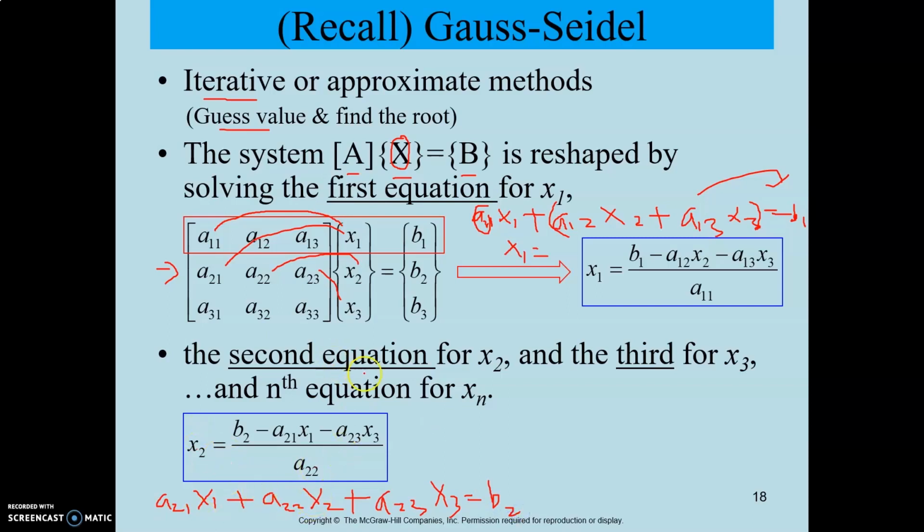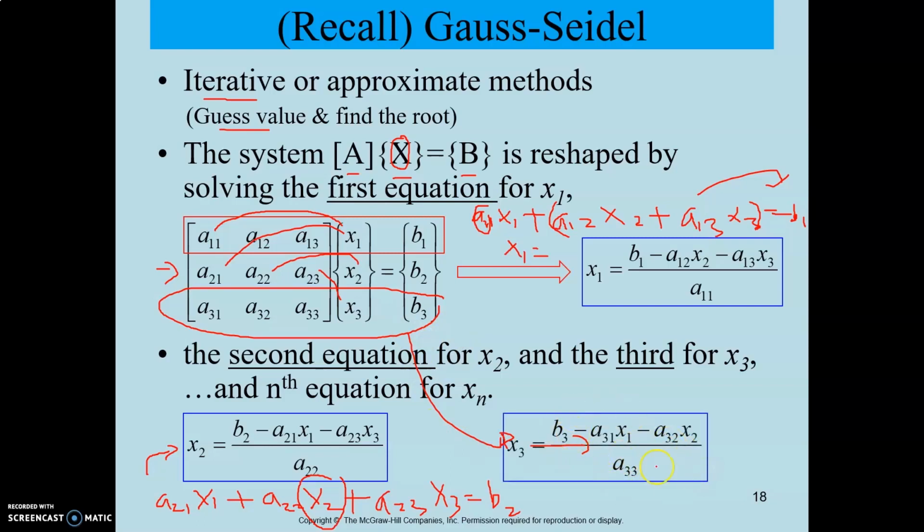So you want to find x2 from the second equation, rearrange it, you should be able to obtain it. So same thing, look at the third equation here. So try yourself to rearrange and you should be able to obtain this.